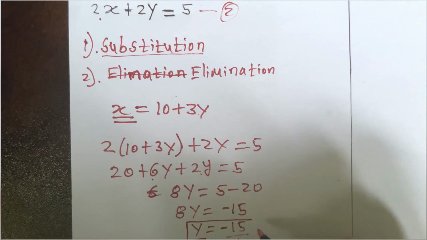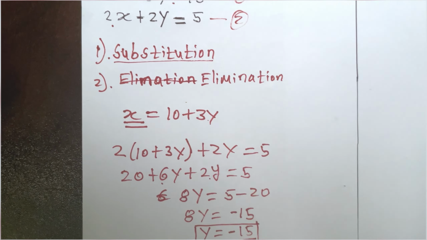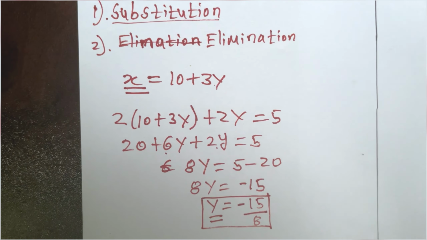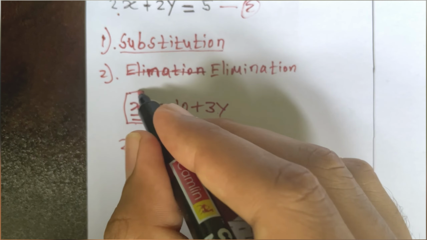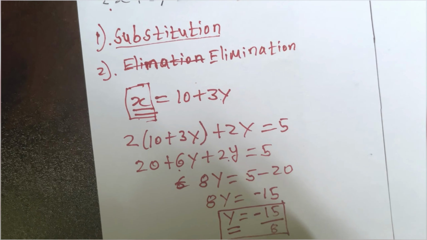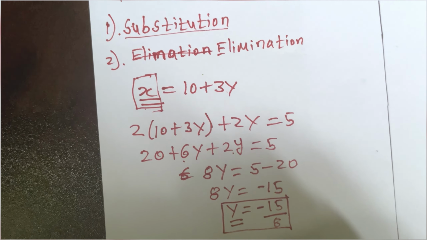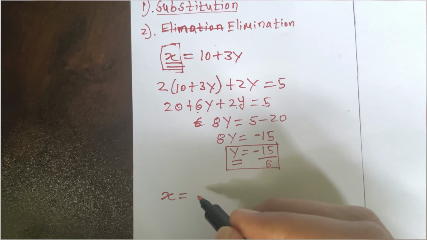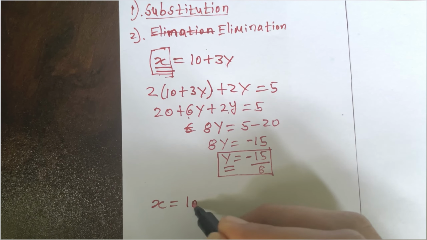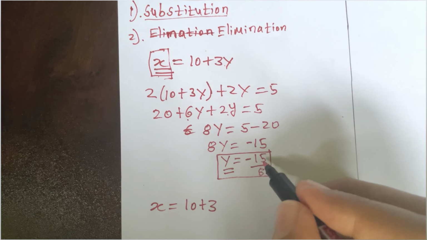Okay, now we will substitute this value of y in this equation, then we will get the value of x. So x equals 10 plus 3. Now we have got the value of y.